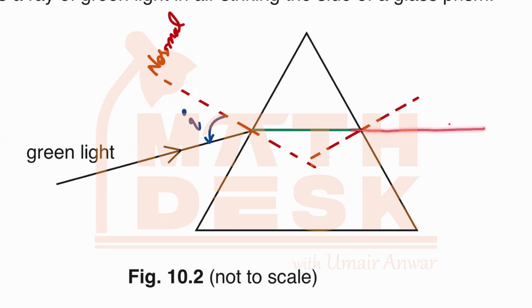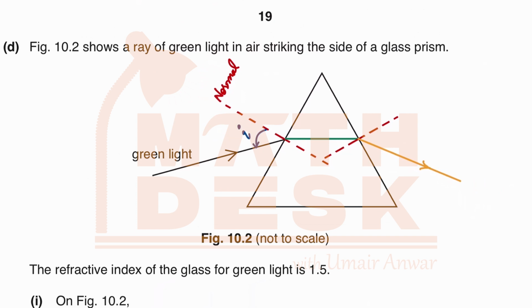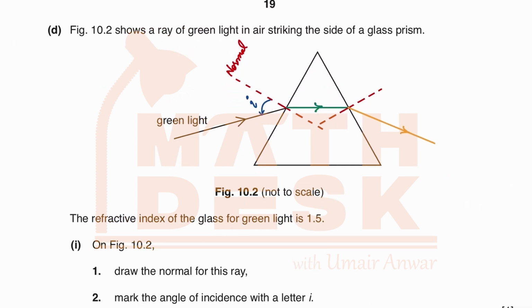So this is the normal path of the ray, but when it bends away from the normal, it would go like this. So this should be the path followed by the light when it goes under refraction from the second surface. So this is the path which would be followed when it enters the glass prism, and then again when it leaves the glass and enters into the air. So the question ends here with this part.